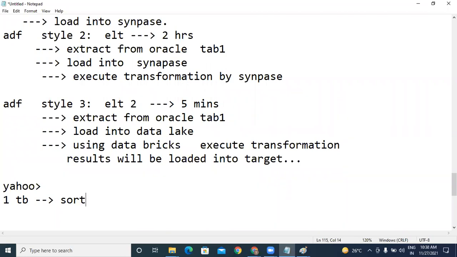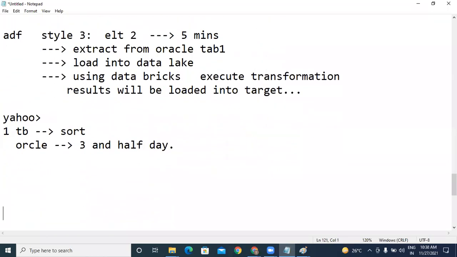On 1 terabyte of data, Oracle consumed 3.5 days. Not hours, sir, 3.5 days. After that, they tested with Teradata.